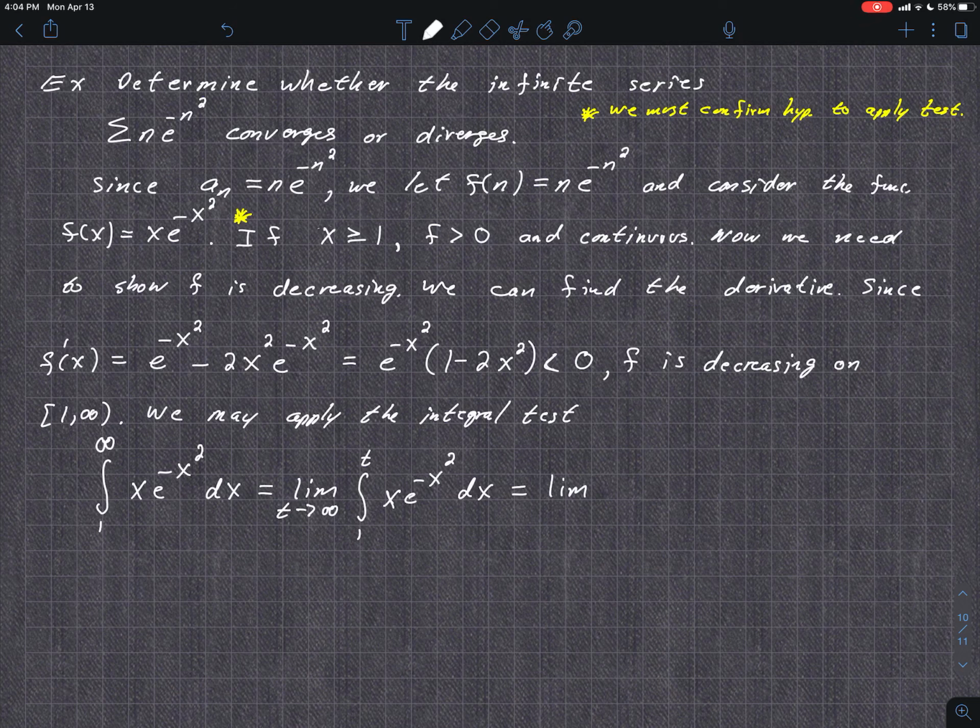And so you get the limit as t approaches infinity of, and then it ends up being negative a half e to the negative x squared, and you're evaluating that from 1 to t.